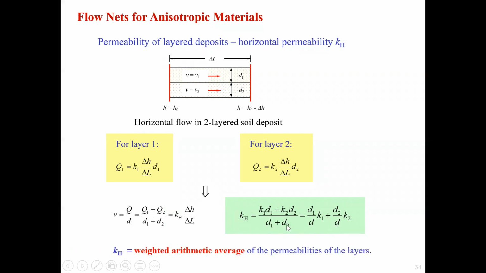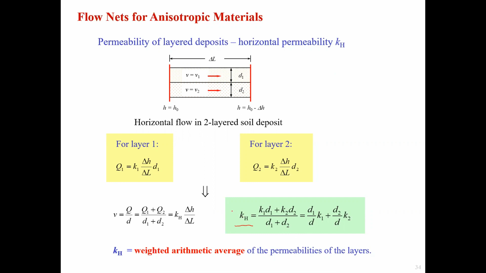So this KH is called the weighted arithmetic average of the permeability. This is one definition of KH, and that's only for the horizontal permeability. Wait, so what's KH?